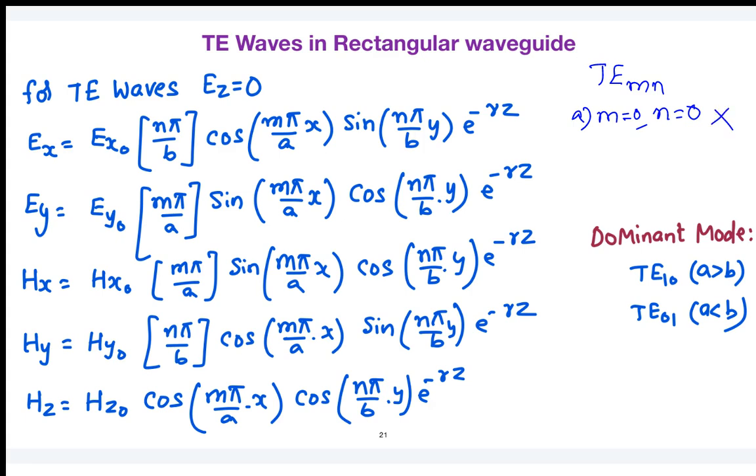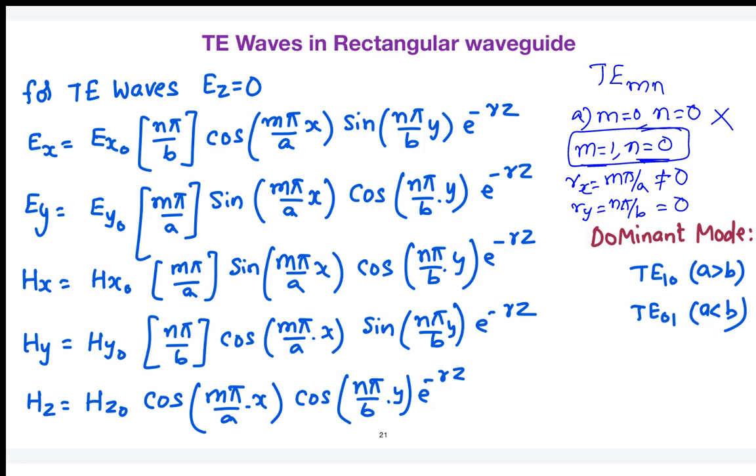Now you take m equal to 1 and n equal to 0. In that case, which components exist? When you put m equal to 1 and n equal to 0, your gamma x, m pi by a, is non-zero, and your gamma y, n pi by b, is equal to 0. The first term is going to be 0 because n is 0.